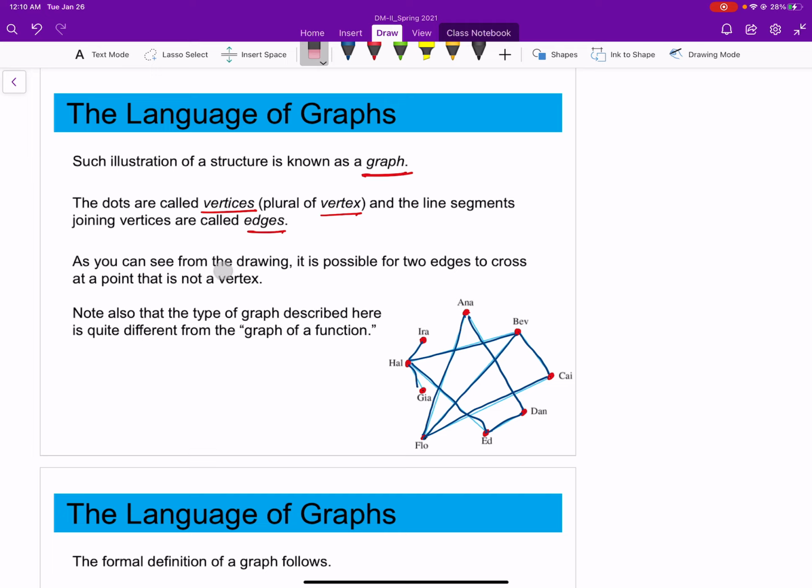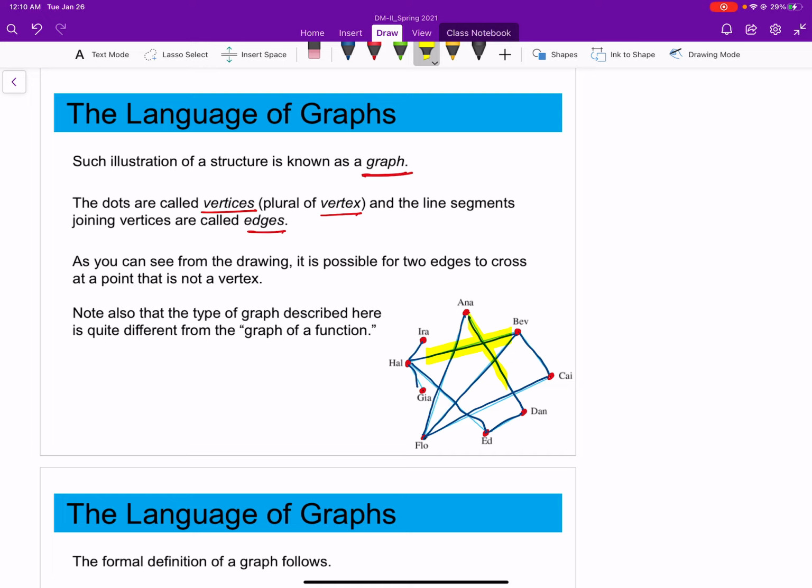As you can see from the drawing, it is possible for two edges to cross at a point that is not a vertex. That means here you see, let me use a different color. Here you see this edge crosses that edge. Okay, so I mark them in yellow.